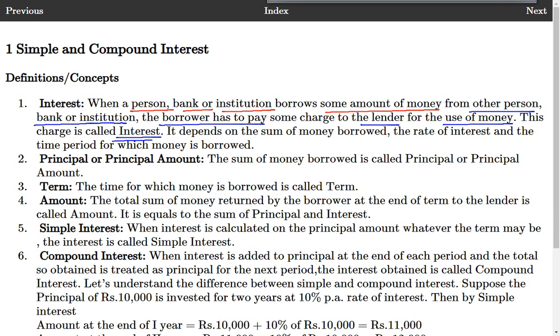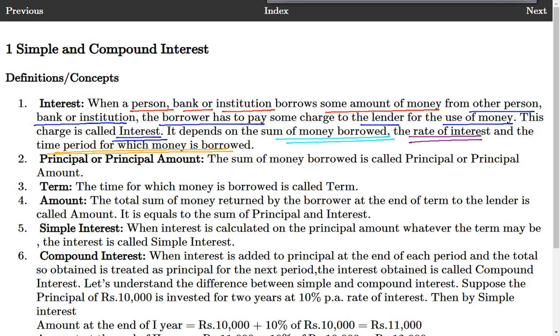This charge is called interest. The interest depends on three factors: the sum of money borrowed, the rate of interest, and the time period for which money is borrowed.